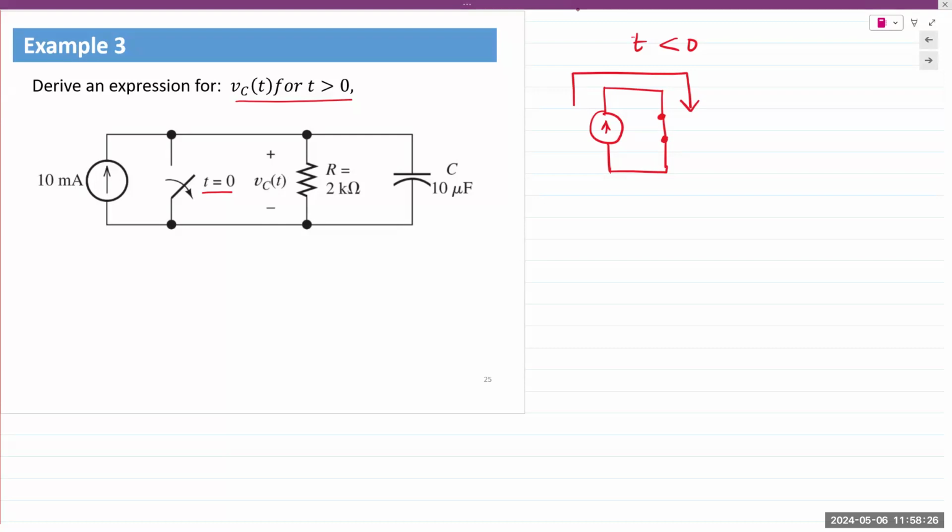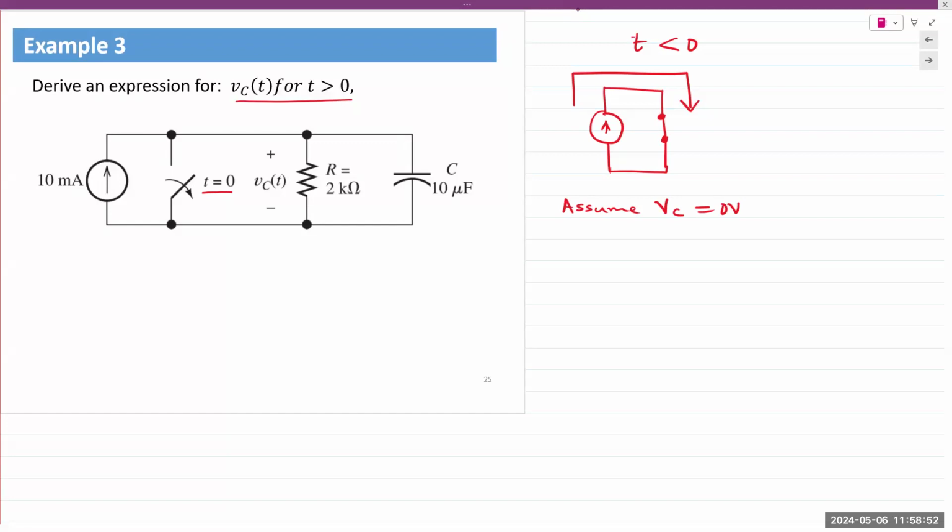Now, this is just a concept, okay? It's not real because we would never short out the terminals of a power supply. This is just to illustrate a point. The point is, if nothing is given, assume the initial capacitor voltage as 0 volts, because we are not given any information about what that voltage is.